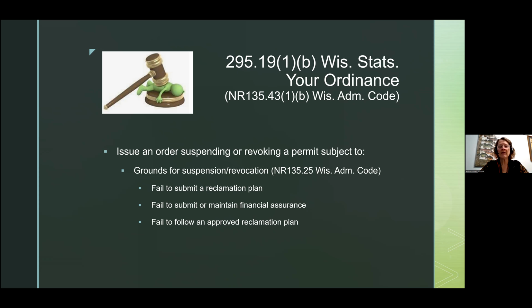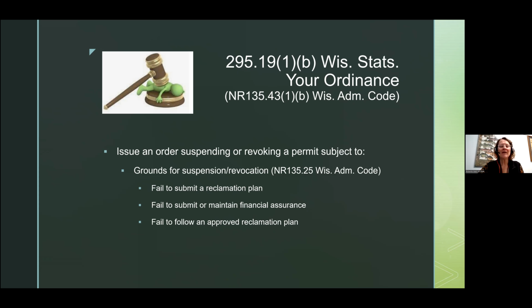And the three main ones that follow an order of suspension or revocation are failing to follow that reclamation plan, failing to submit or maintain financial assurance, and then failing to follow the approved plan. So again, we have something similar, but when do you apply it?